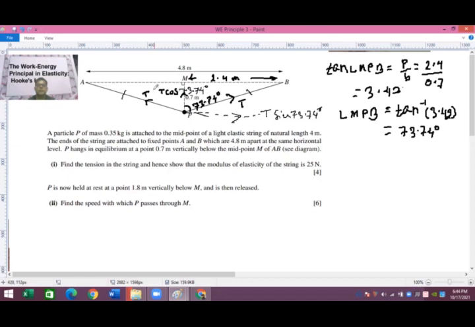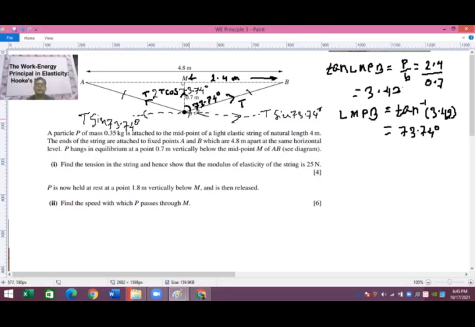So you can just put here 2, it is again T cos 73.74, so you have to add the same value, therefore we can write 2 times this. And its other component, which is perpendicular to this line, will be along this way, so that will be T sine of 73.74 degrees. So in the equilibrium state, you can see that these two forces are opposite to each other, so they cancel each other.